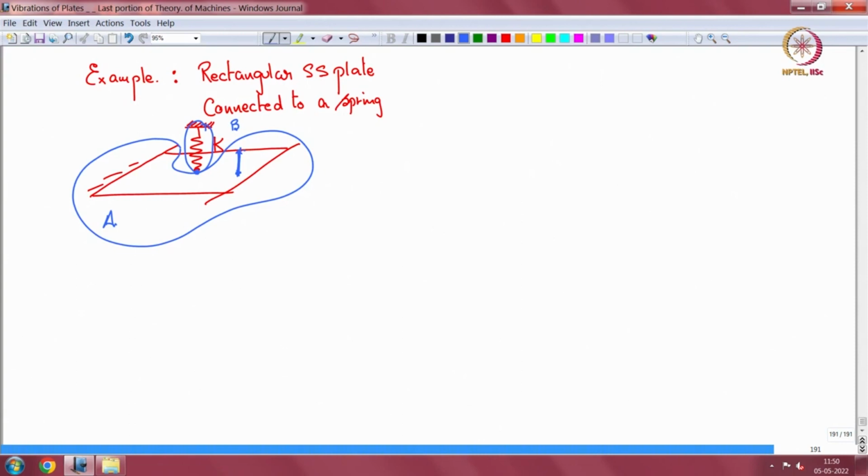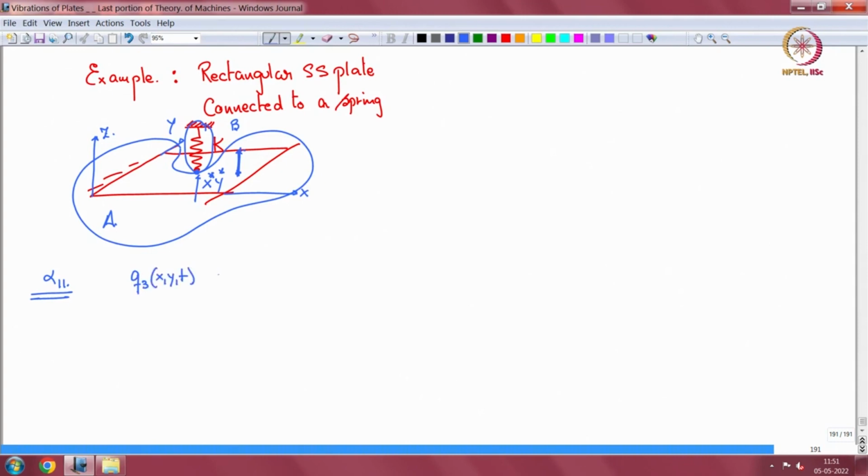Now for A we want alpha 11. Let us say this point is x star comma y star. This is my x, that is my y, that is my z, and this is x star comma y star. So in order to do that, what is Q3 now?